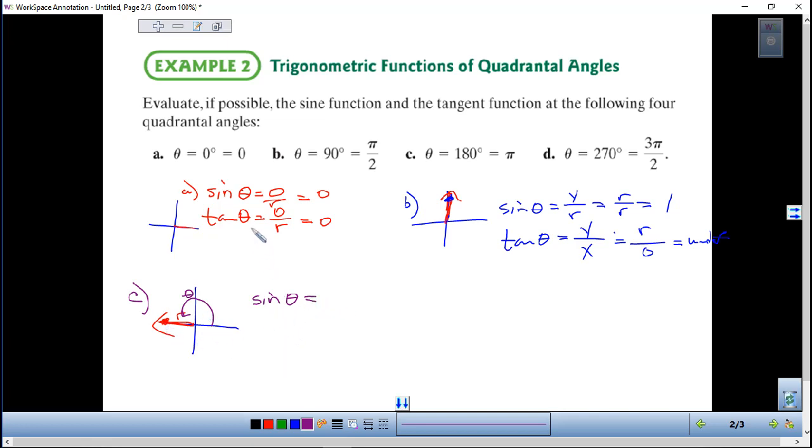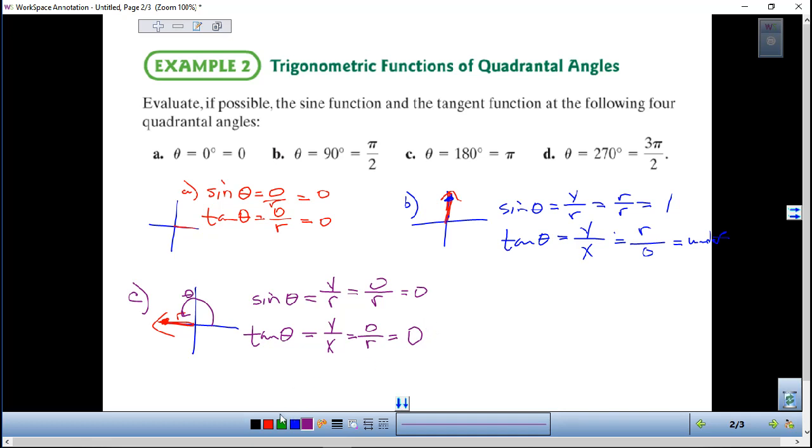Well, once again, we're going to end up with y over r. What's the y value here? 0, and whatever r is, r. It's still going to be 0. And tangent of theta is going to be y over x, which is 0 over whatever the x value is, but in this case it's r. Remember the r here? And that's going to be 0 as well.